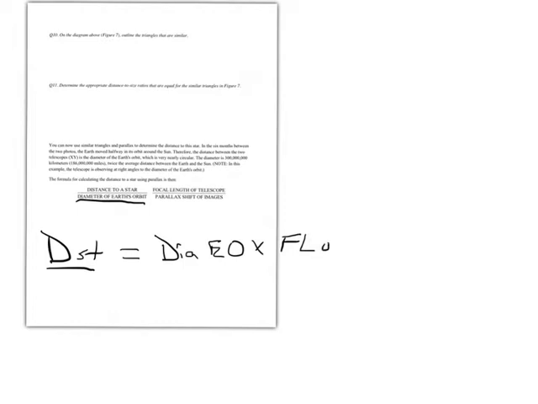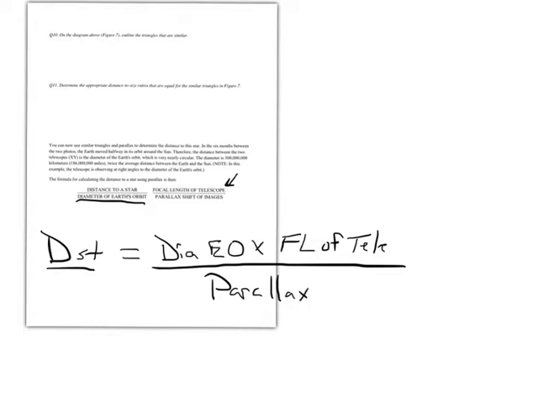Then we get the simple equation that the distance to the star, which is what we want, is going to be equal to the diameter of the Earth's orbit, that's this line right here, times the focal length of the telescope, that's this line right here, the whole thing divided by the parallax shift.